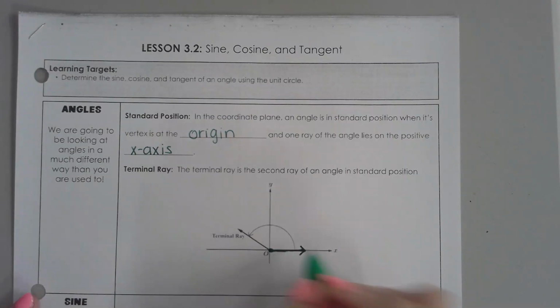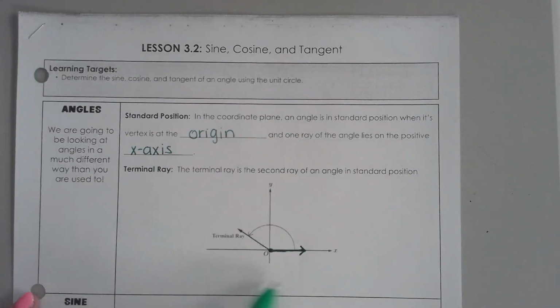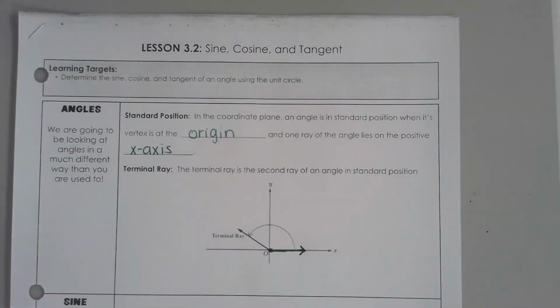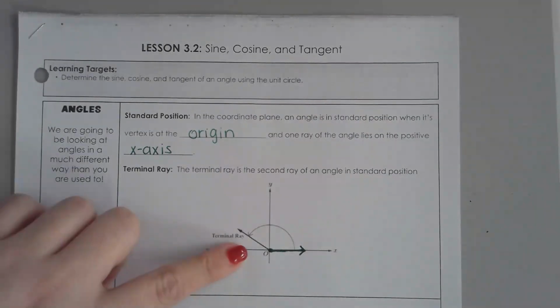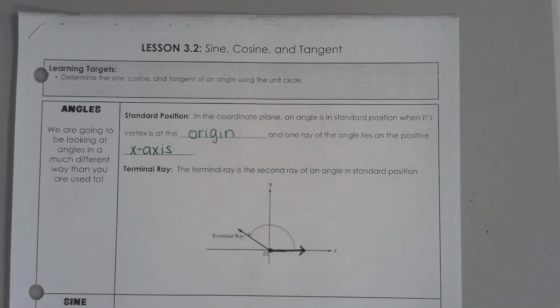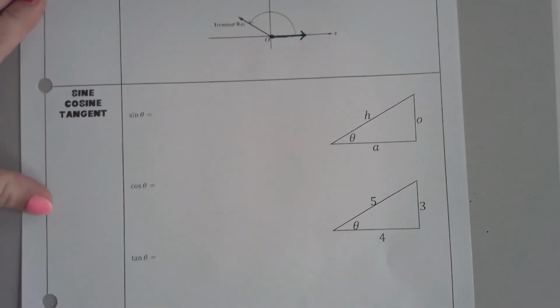Okay, and then the other side is somewhere else. And that other ray is called the terminal ray. That just means it's in standard position. Honestly, the only reason you need to know that is probably because on the question it'll say the angle is in standard position. Okay.